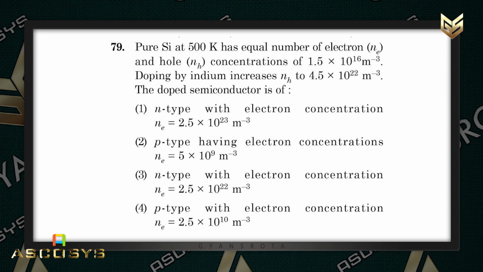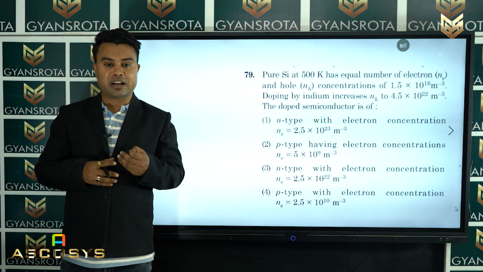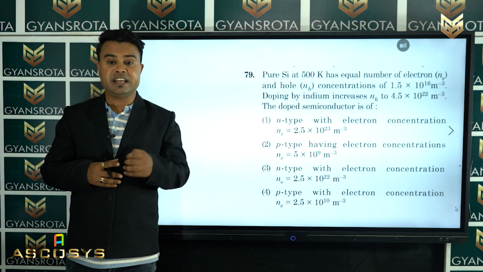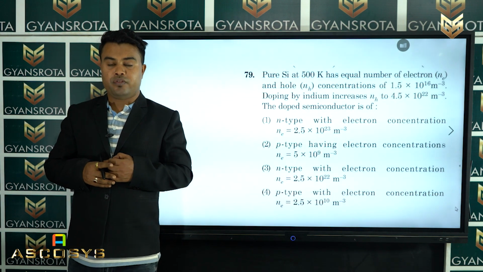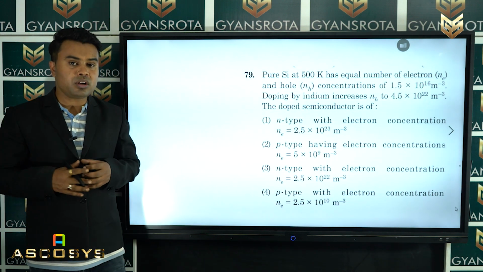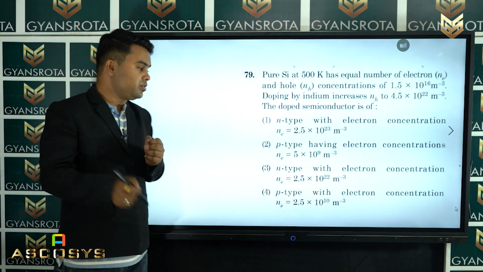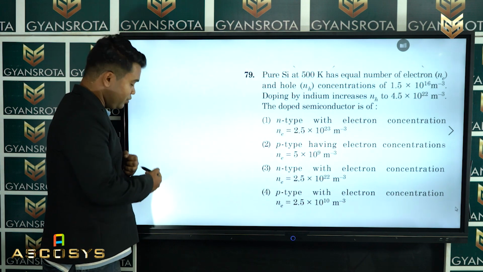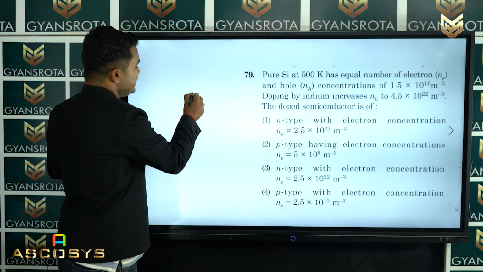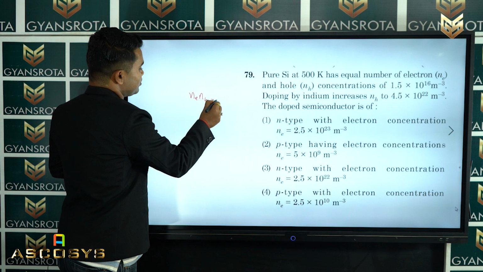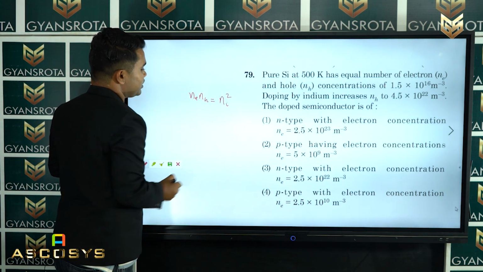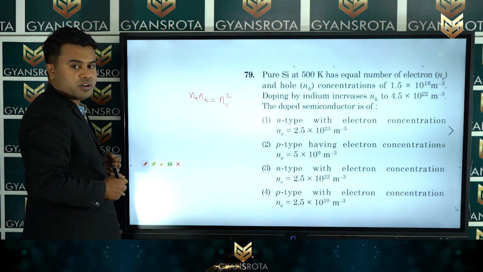The doped semiconductor is of which type? So you have to calculate Ne, since Nh is given to you. This is a question from the chapter semiconductor physics. We know that Ne into Nh equals Ni square. Once you know this, you can solve it.